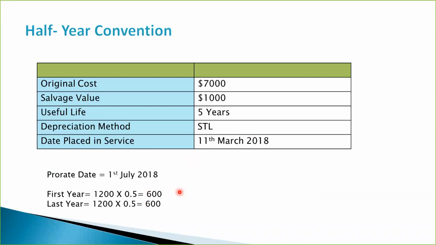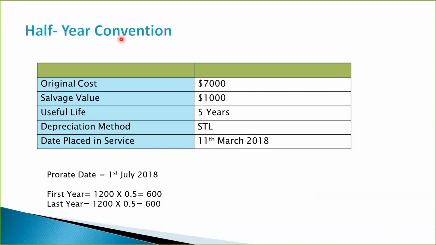Okay. So by combining the depreciation calendar, the prorate convention, and the prorate calendar, we have obtained what? The monthly depreciation expense, okay, and the depreciation expense for the first year of the asset's life.